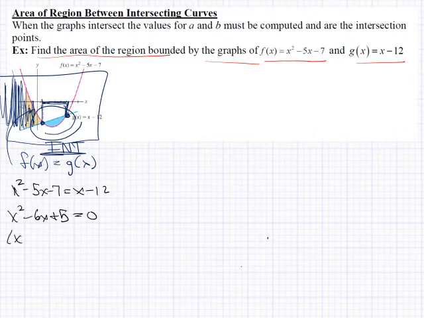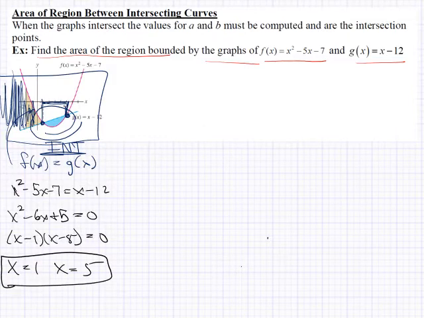If we were to factor it, x minus 1, x minus 5 would be your factors, and you would get x equals 1 and x equals 5. So those are the x values for the intersection points between the two functions, and therefore that's going to be the width on the x-axis, the x values for our interval of integration.